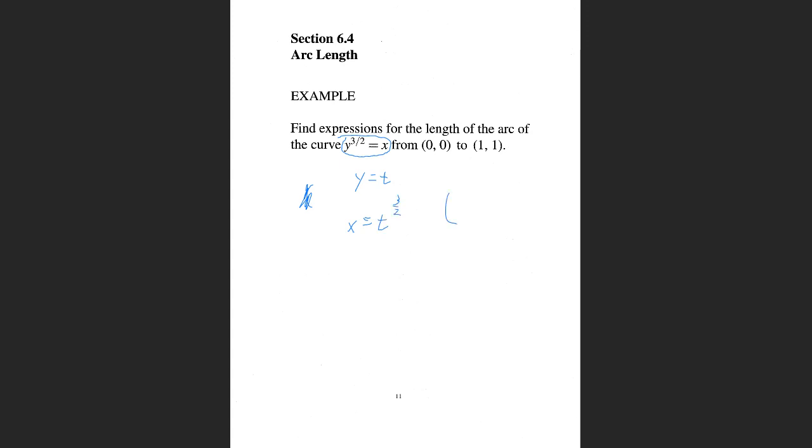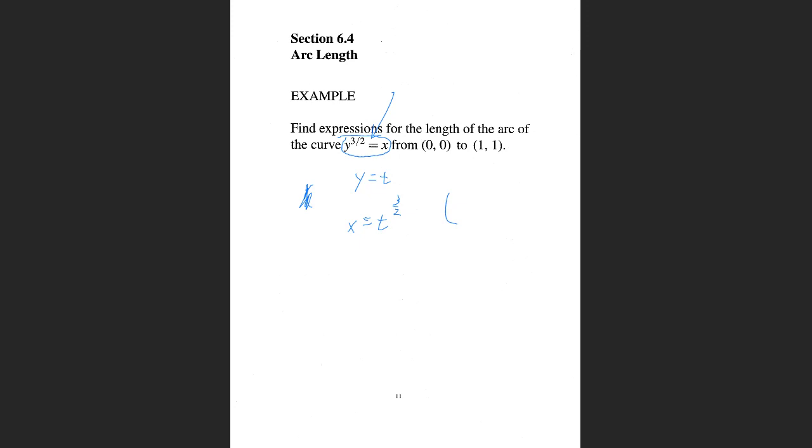And in Desmos, if we wanted to graph this arc, what is this? This is just x as a function of y. X is a function of y, so y is the dependent variable here.